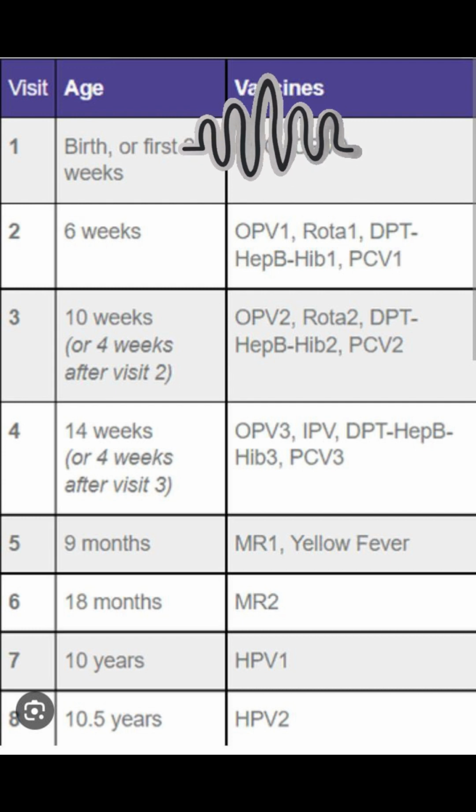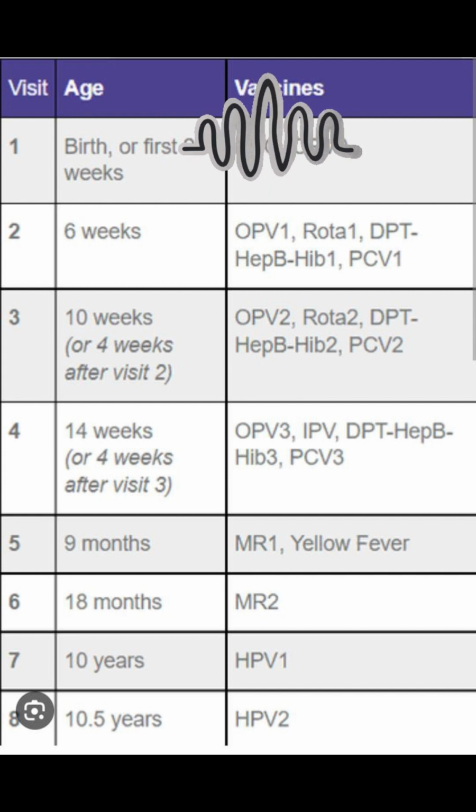And then at birth, you will be given BCG and oral polio. At 6 weeks, you will be given oral polio and DPT, hepatitis B, and HIB. And at 10 weeks, you will be given oral polio, hepatitis B, DPT, that is diphtheria, tetanus, and pertussis.